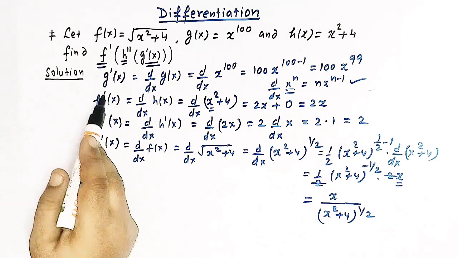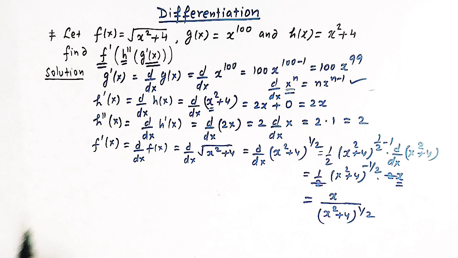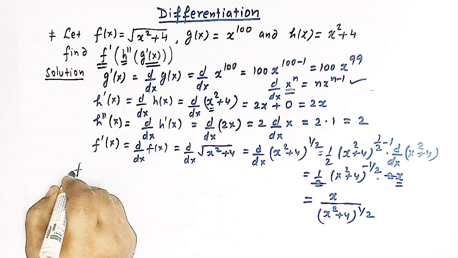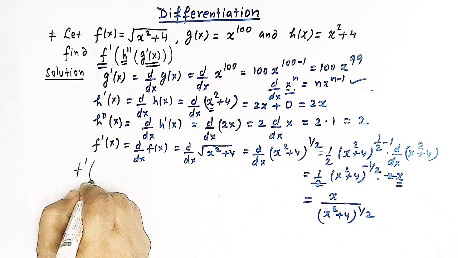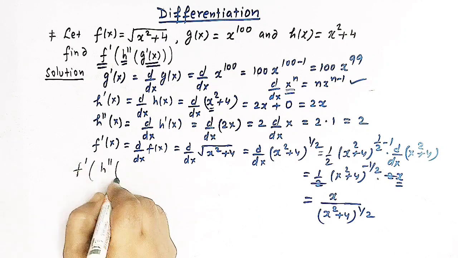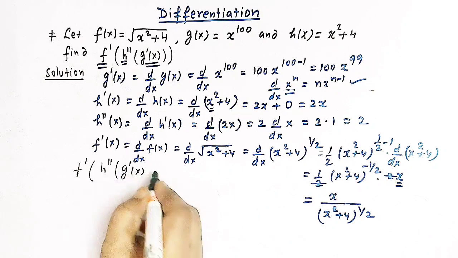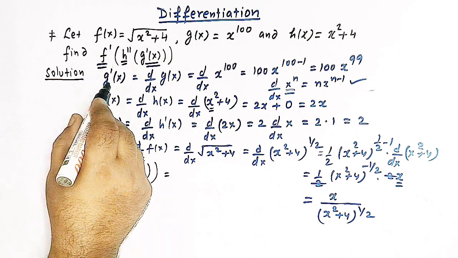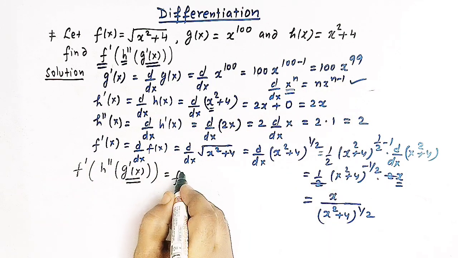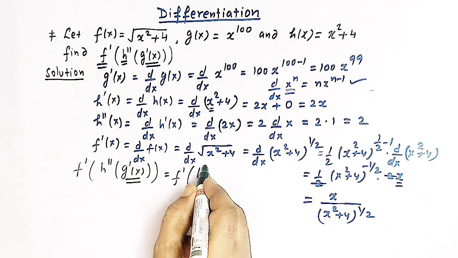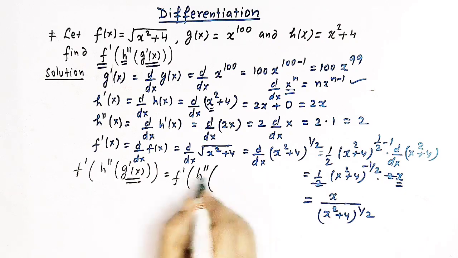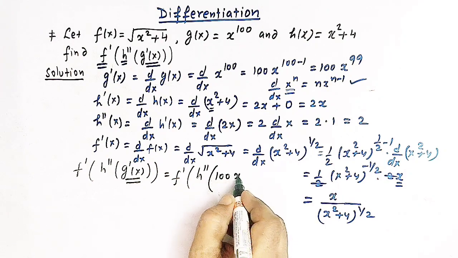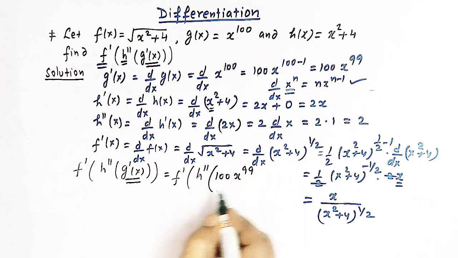So once we have obtained all these derivatives, let us write this expression. We have f prime of h double prime of g prime of x, right? Now let us substitute the value of g prime of x, which is 100 x raised to 99.